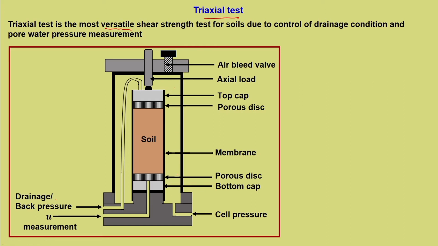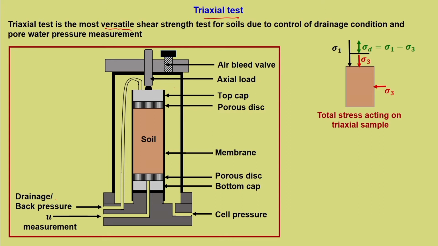So, when you fill this chamber with water for applying cell pressure, any entrapped air bubbles or dissolved air is forced out through this air bleed valve. So, this is the overall setup of the triaxial test.